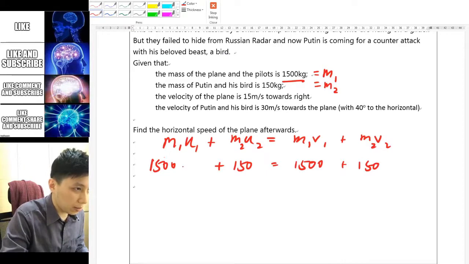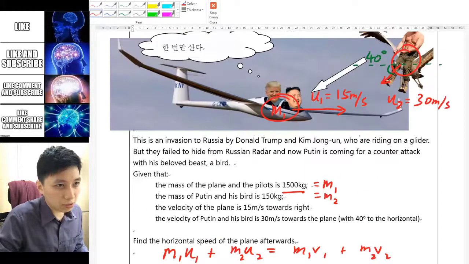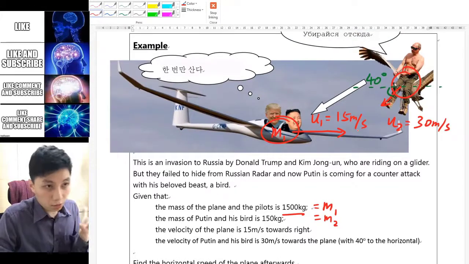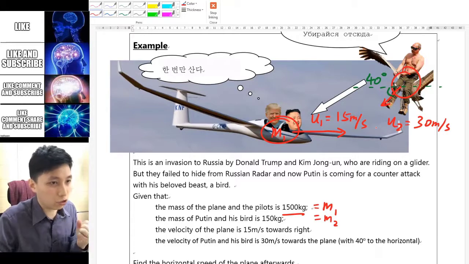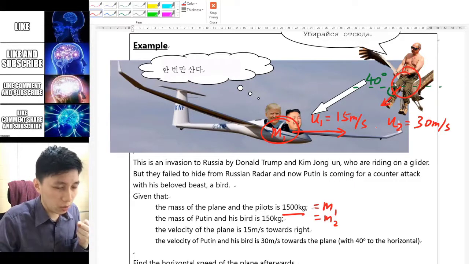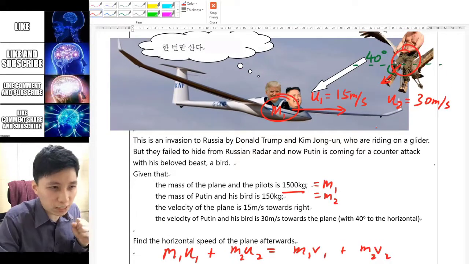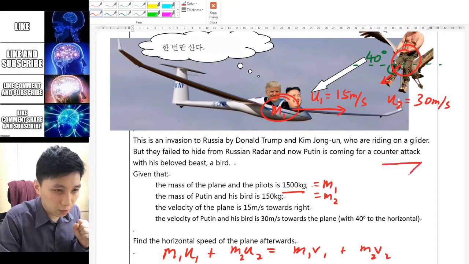And then for U1, it was 15, so multiplied by 15. And then U2 is a bit tricky because you have to use trigonometry to consider the component. If you try to do that, you'll find out it should be cosine 40 degrees. If you cannot really see it, try to draw the triangle.